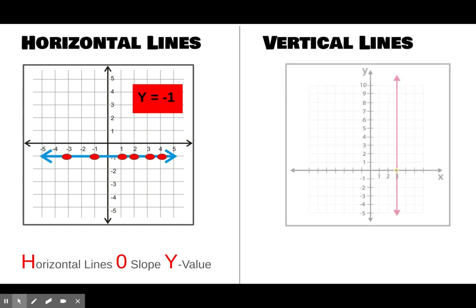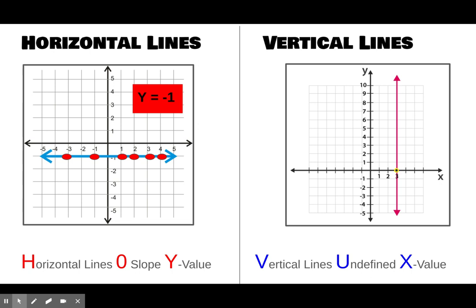Let's talk about vertical lines then. Vertical lines go from top to bottom, and I have a special saying for this as well. I say "vux." Vertical lines have an undefined slope, that's just a fancy way of saying no slope, right? So I'm going to take the x value.